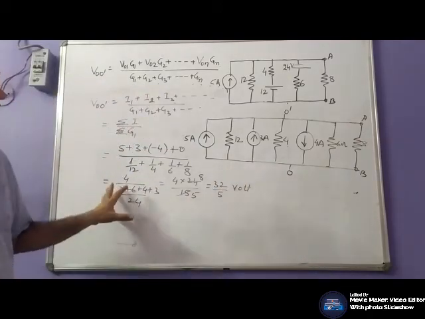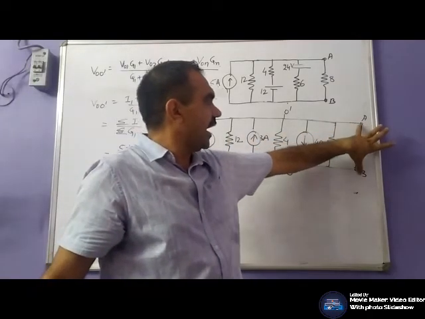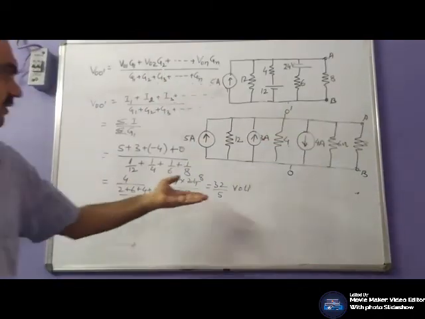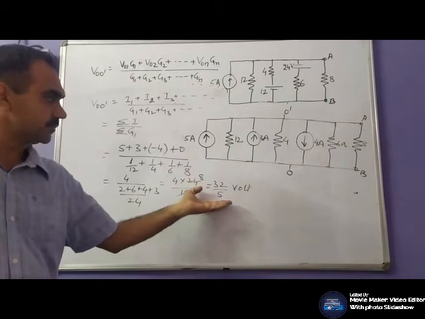The answer is the voltage drop across this 8 ohm branch is 32 by 5 volt.